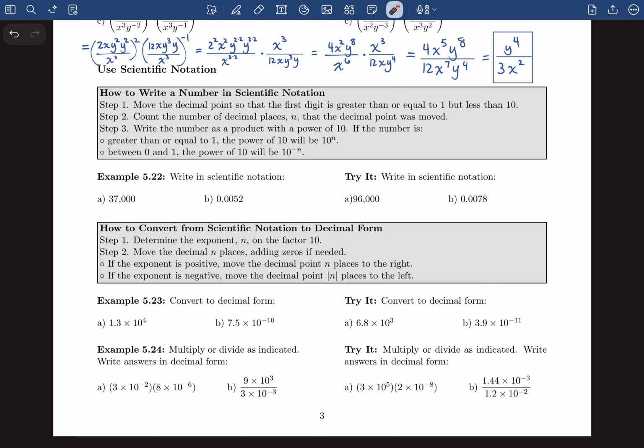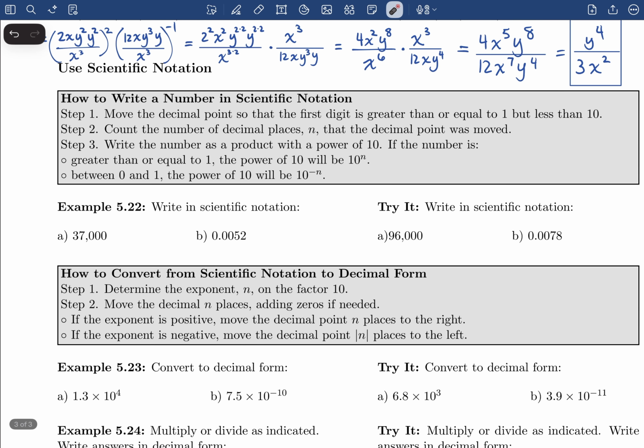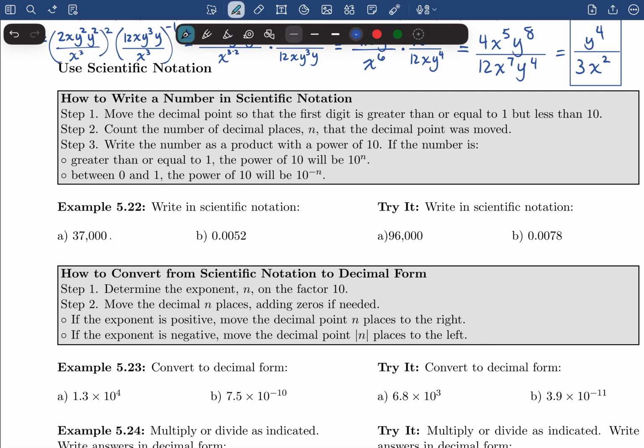This will take on meaning as we look at example 5.22, and it says write scientific notation for 37,000 and for 0.0052. Great. Well, here's how scientific notation works. We move a decimal place, and here's the decimal place in this case, until it goes after the first significant figure.